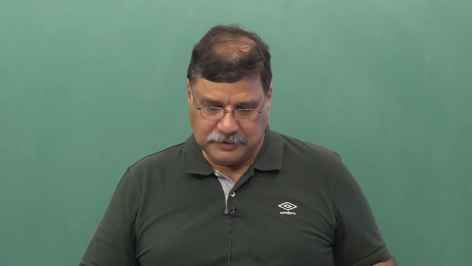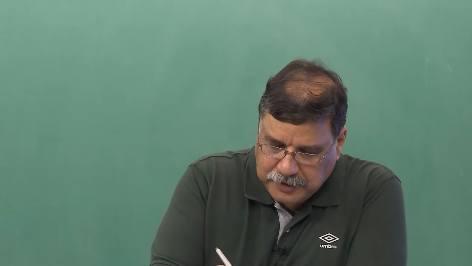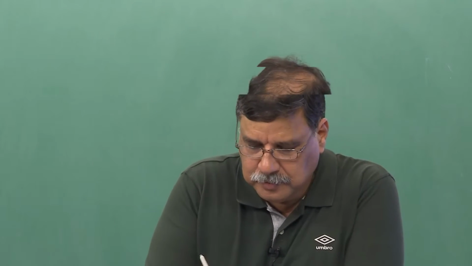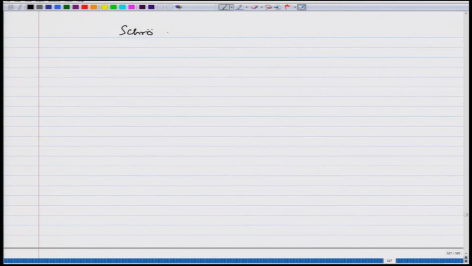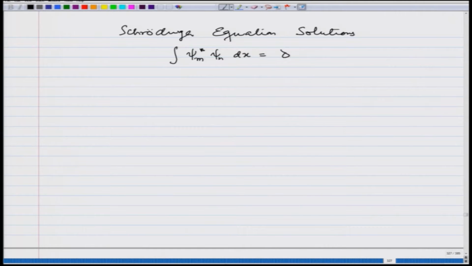What we have learned in the previous lecture is that for the Schrodinger equation solutions, we have the integral of psi m star psi n dx equals delta m n.